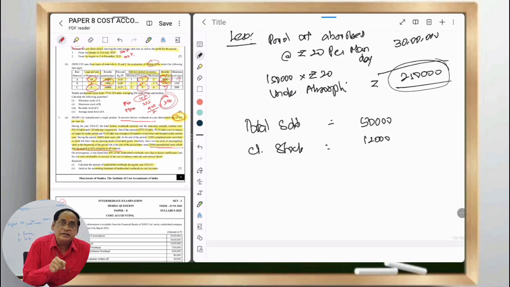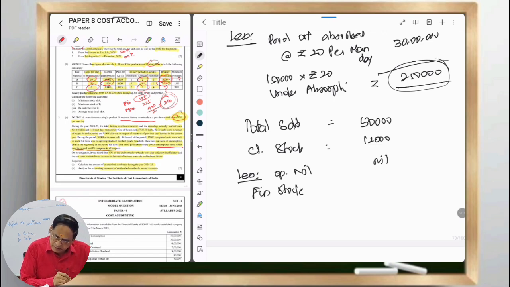So we would have manufactured this closing stock also. And then opening balance is nil. Finished stock: 50,000 total units, closing stock 12,000, so total 62,000 units.